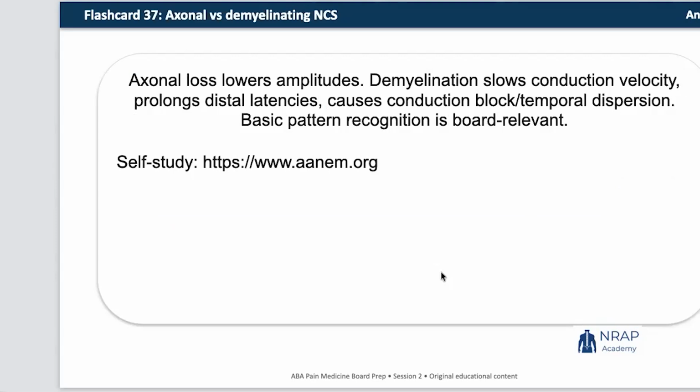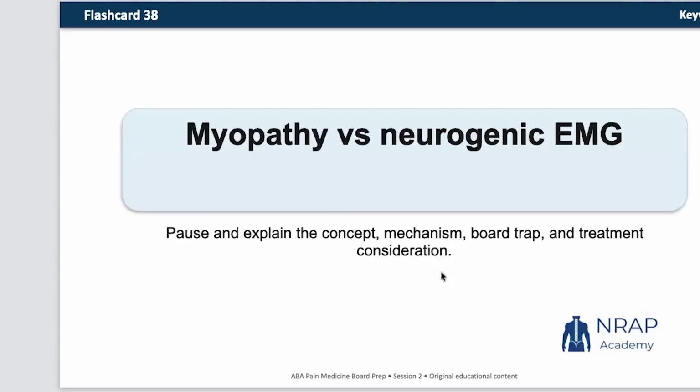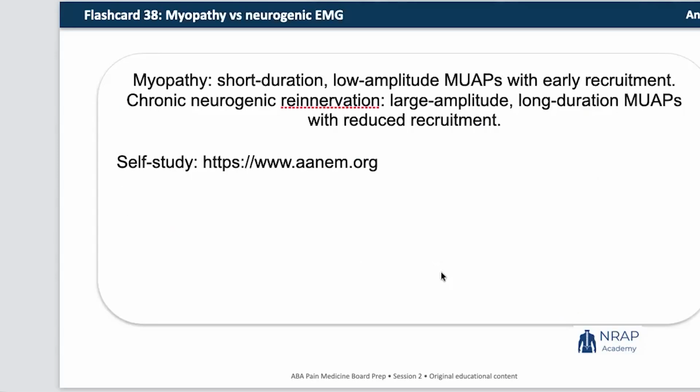Demyelination, slower conduction velocity, prolonged distal latency, causes conduction block, temporal dispersion, and basic pattern recognition is board relevant. Myopathy versus neurogenic EMG. Myopathy: short duration, low amplitude MUAPs with early recruitment. Chronic neurogenic reinnervation: large amplitude, long duration motor unit action potentials with reduced recruitment.